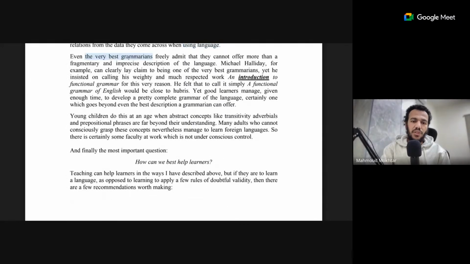Even the very best grammarians freely admit that they can't offer more than a fragmentary and imprecise description of the language.